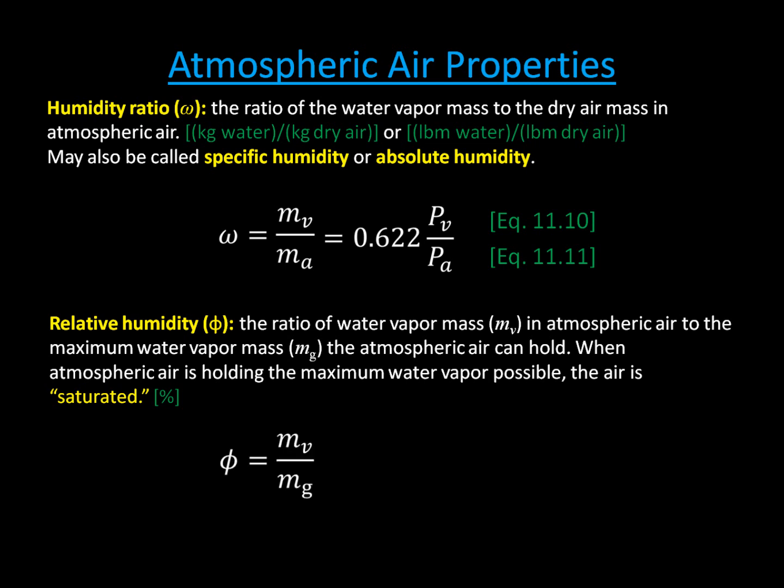So we write that as the mass of the vapor to the mass of the maximum water vapor mass if it were saturated. And we can relate that using ideal gas law in simplifying terms to a ratio of the partial pressure of the vapor over the partial pressure of the saturated gas, or the saturation pressure. That's equation 11.13 in your textbook.